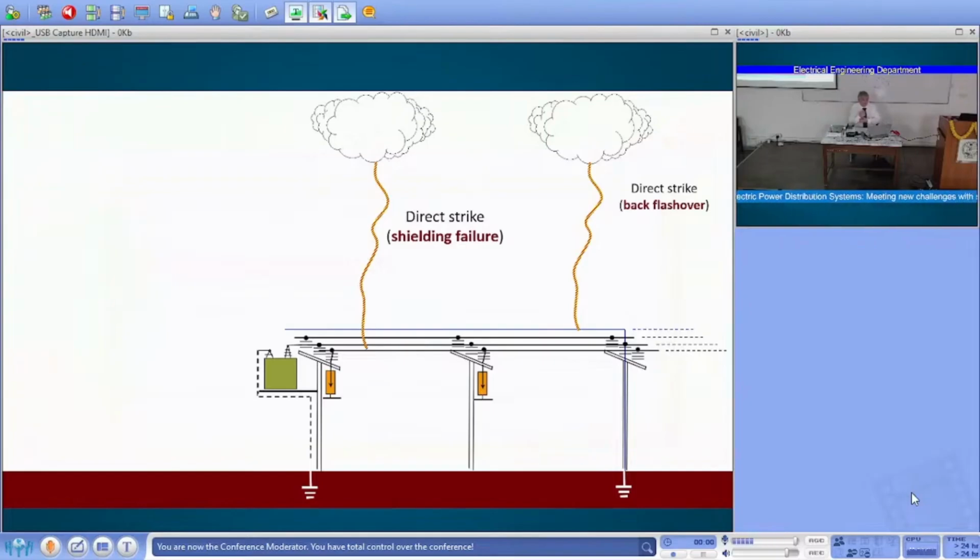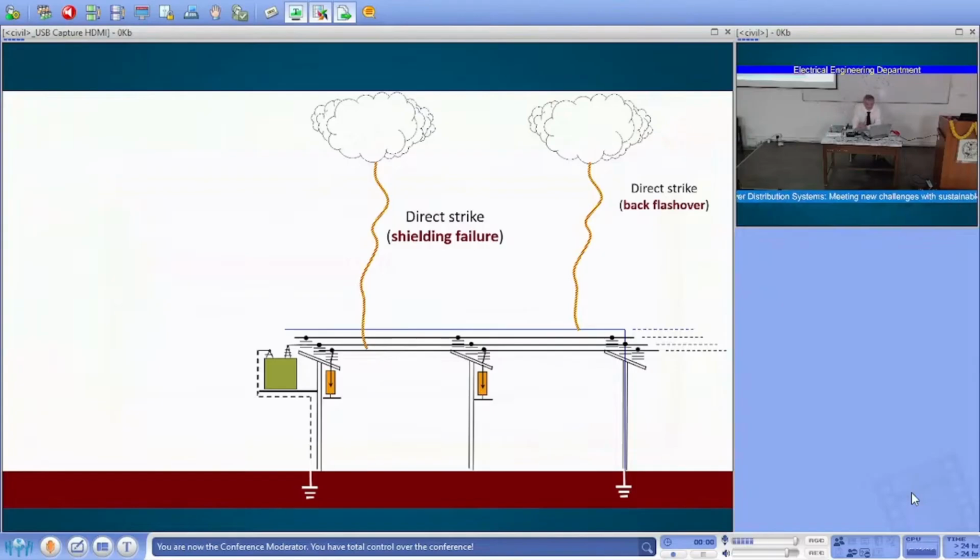I don't know which is the grounding resistance. 20 ohms? 10 ohms? Or you can multiply it, it is the megavolt. So you see that this is a line of 20 kilovolt, or 11 kilovolt. There is no insulation that can sustain the megavolt.